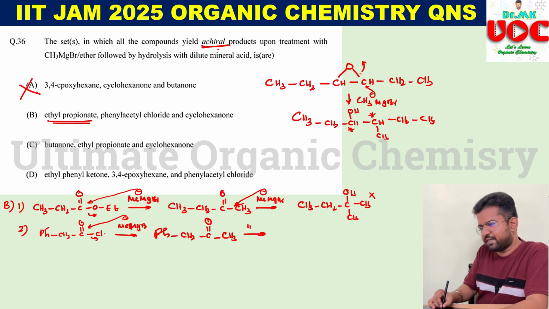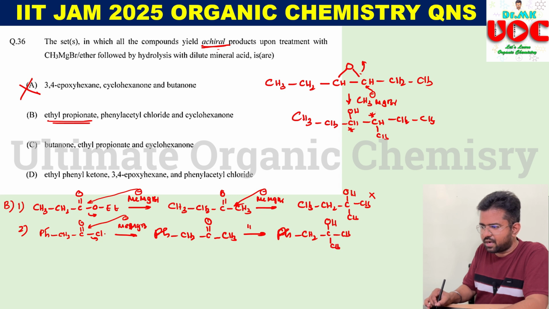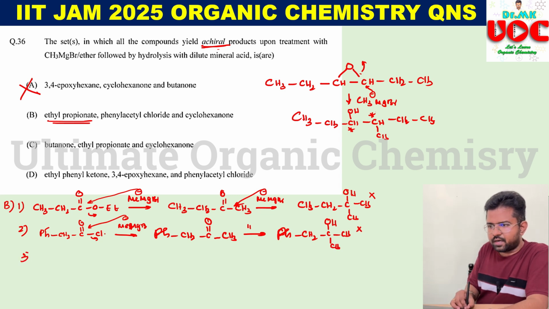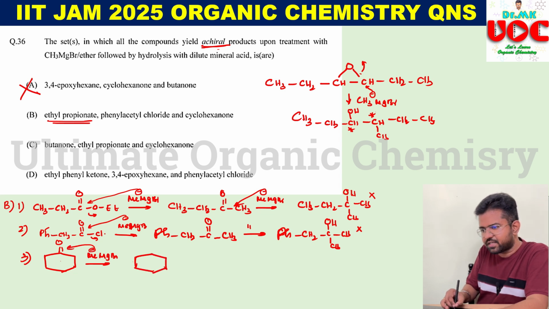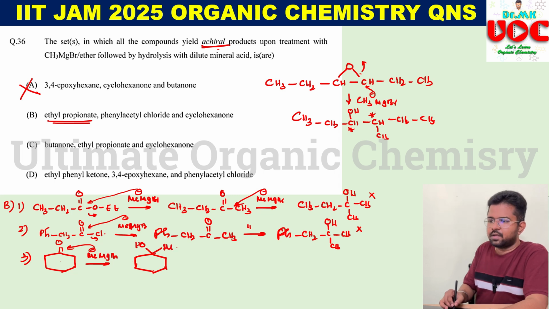When the ketone is reacting with one more mole of methyl magnesium bromide, you are going to get the tertiary alcohol, and this tertiary alcohol is also an achiral molecule. Third option, cyclohexanone. When it is reacting with methyl magnesium bromide, this is attacking here, and it also leads to the formation of an achiral compound. So this option is correct.